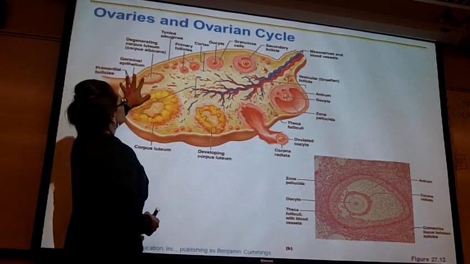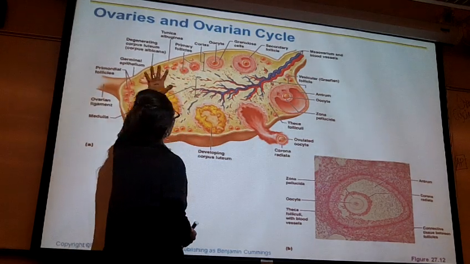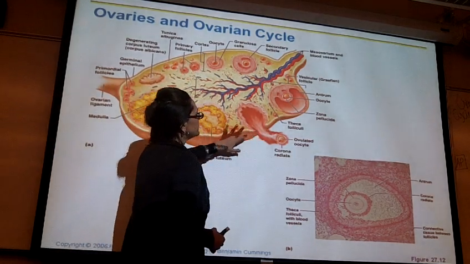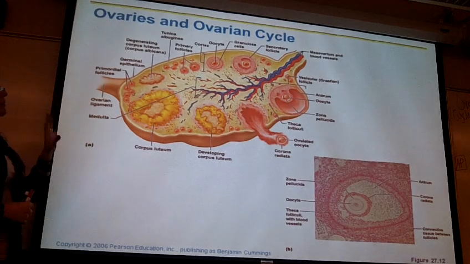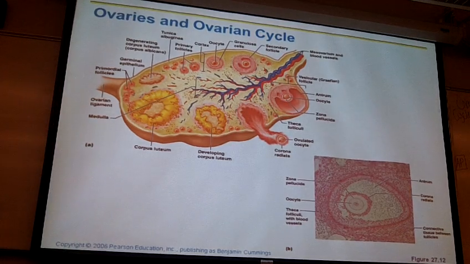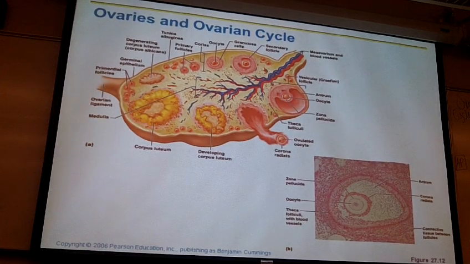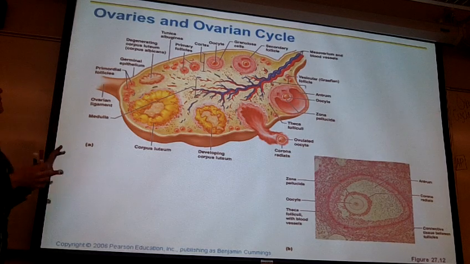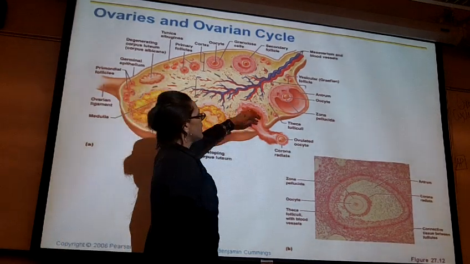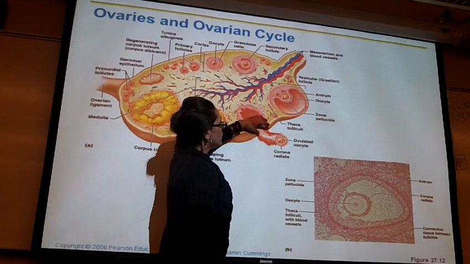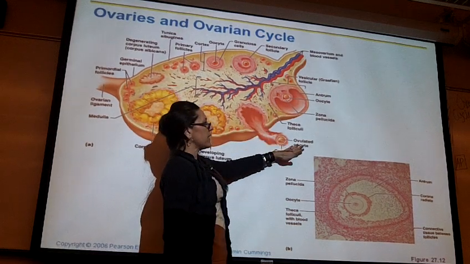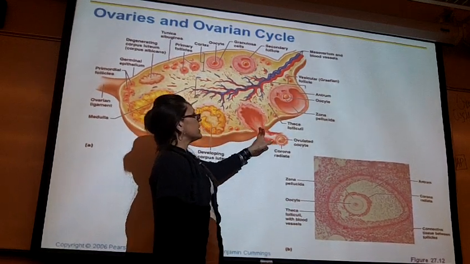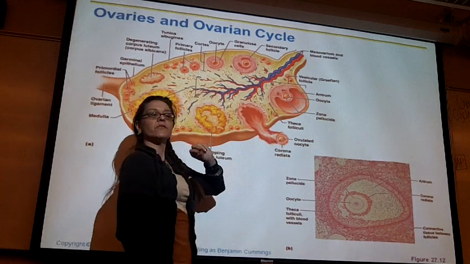And the follicles are going to tend to always be on the surface of the ovary. And you can look at ovaries of a young female and an older female and be able to tell which is which. Because whenever you have a mature follicle rupturing and releasing that oocyte, it's going to leave a little pock mark on the surface of the ovary.